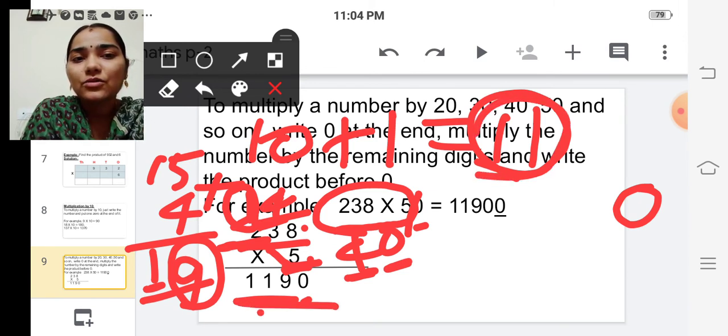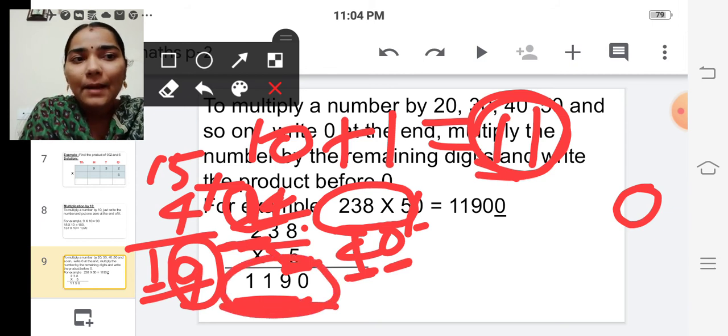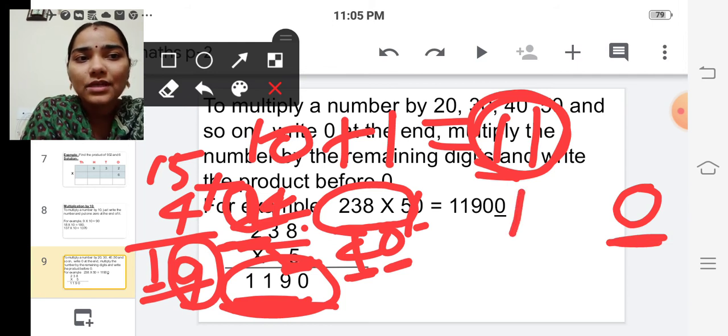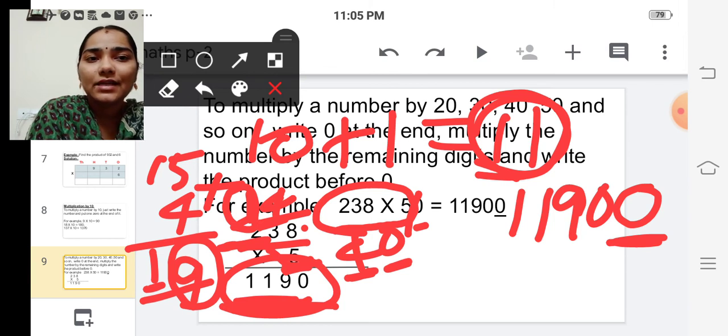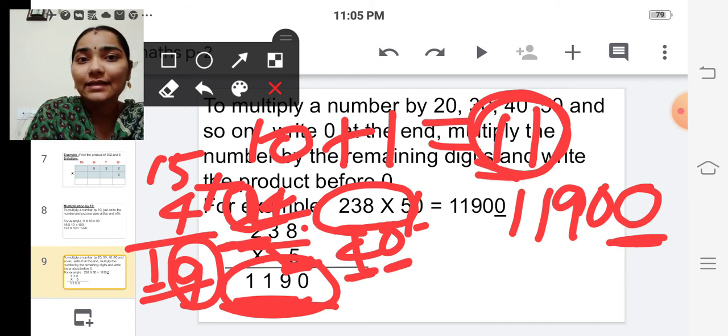So the answer is 1190, isn't it? So write the answer before the 0, that is 1190. Is it clear, children? To multiply a number by 20 to 90, that is 20, 30, 40, 50, 60, 70, 80 and 90, what we have to do?